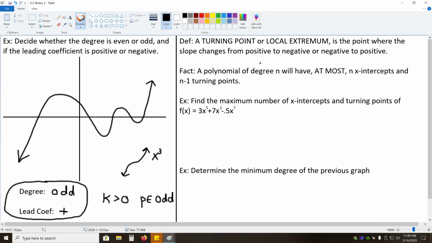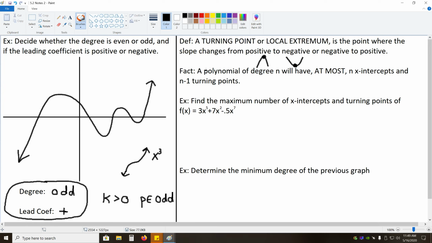So if your slope is positive and then suddenly changes to negative, what do you have? A hill. This point is the local extremum or turning point. And if your slope is negative and then suddenly changes to positive, so it's going down and then suddenly goes up, then you have a valley, which means this point at the bottom of the valley is the local extremum or turning point.